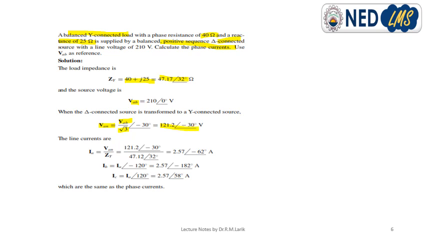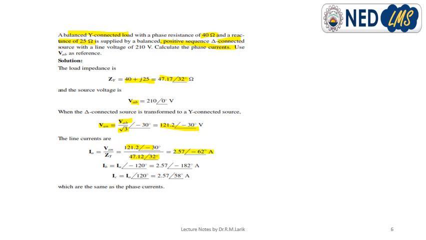The line current is the phase voltage divided by the phase impedance, which is mentioned in the problem. So the line current is this magnitude.